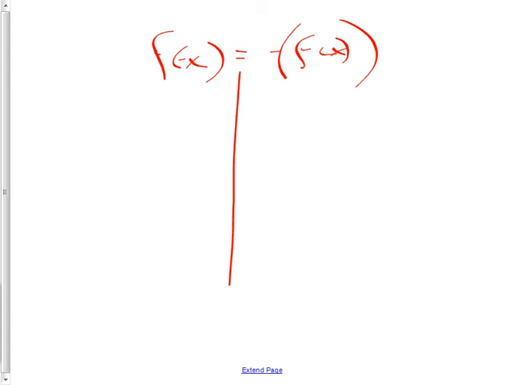Test and see if this is an odd function. So remember, you got to drop negative x into the function. Lots of algebra to grind out.